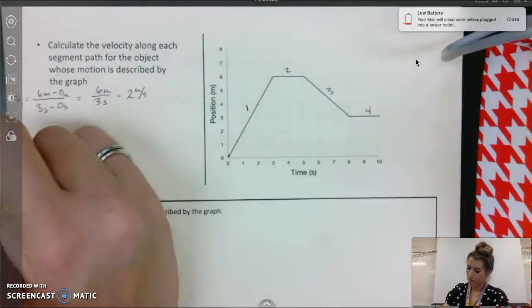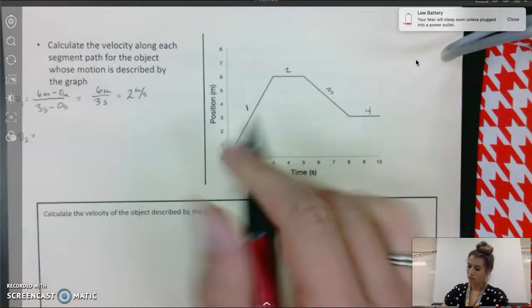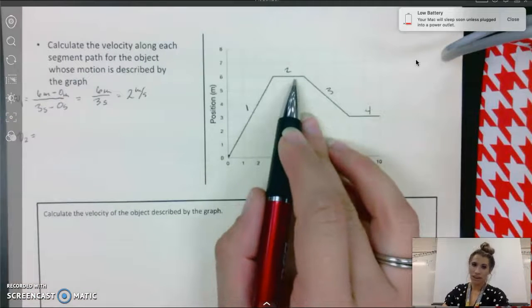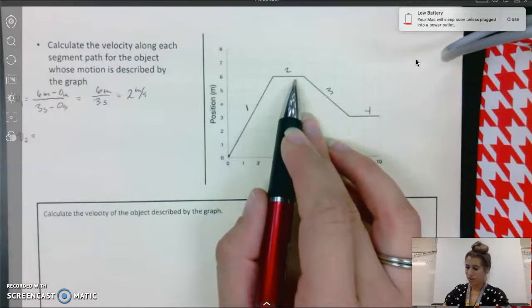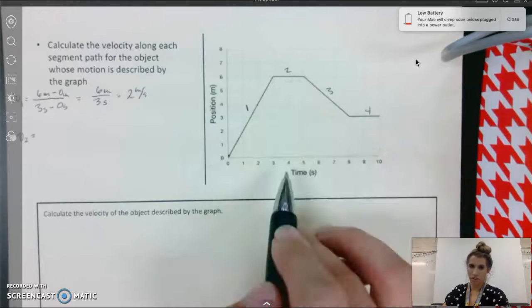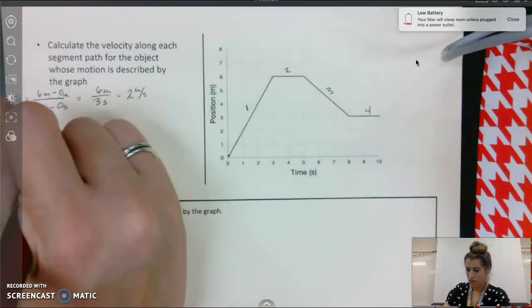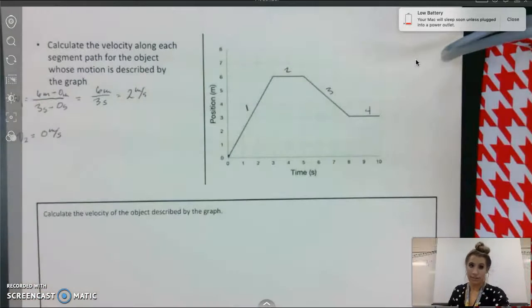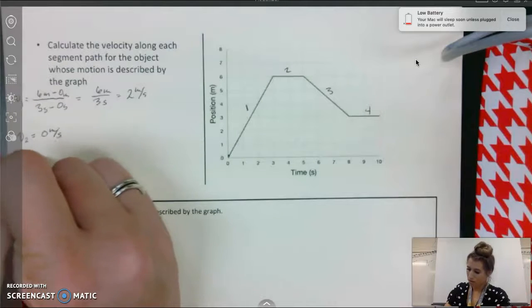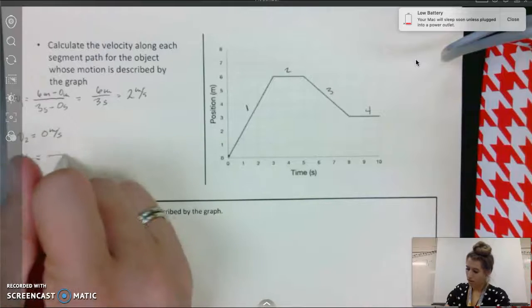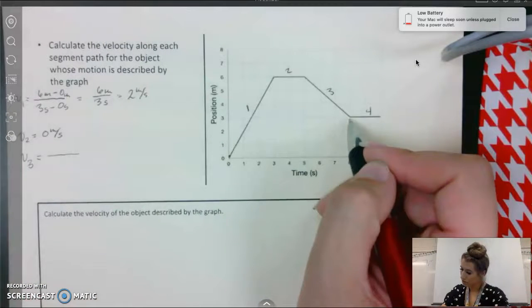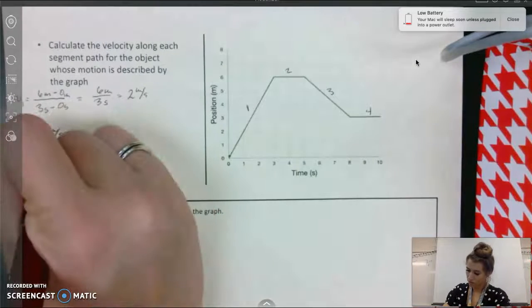Now v2: our slope is 0. We didn't travel any distance, we didn't have any displacement in an amount of time, and so that's 0 meters occurring every second. Now for v3, our position final was 3 meters.